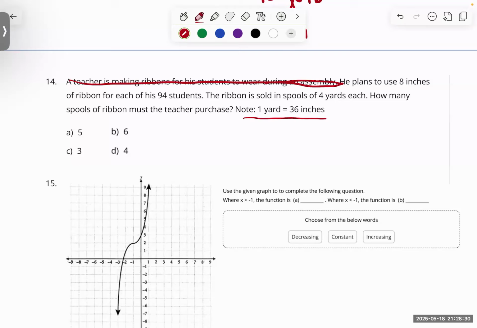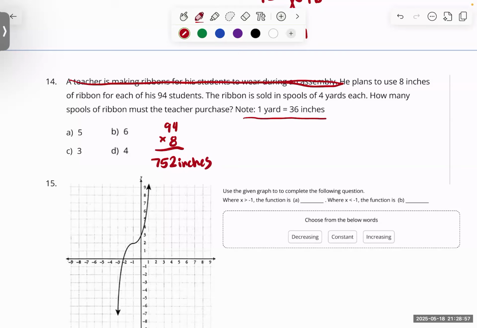That quite literally means one student gets 8 inches, the second student gets 8 inches, keep going until 94. So that's repeated addition. And repeated addition is always multiplication. That means we need to do 94 times 8. Do it in your calculator. That's a total of 752 inches that this teacher needs to use.